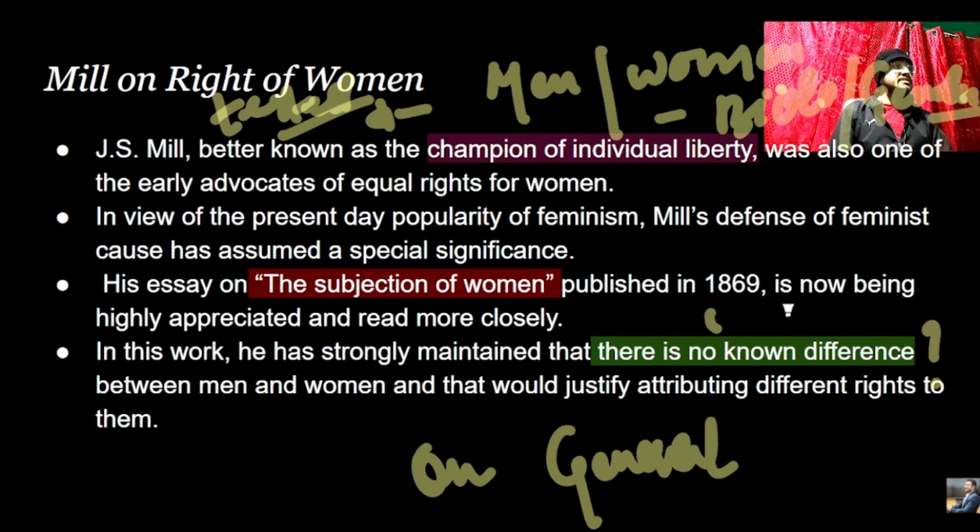Known difference in the sense of what is experimented, checked, tested, so that we come to know the conclusion that yes, there are certain differences. This is not the case, and hence he says that there is no known difference between men and women, and hence he will justify attributing to them different rights, which are already held by men.